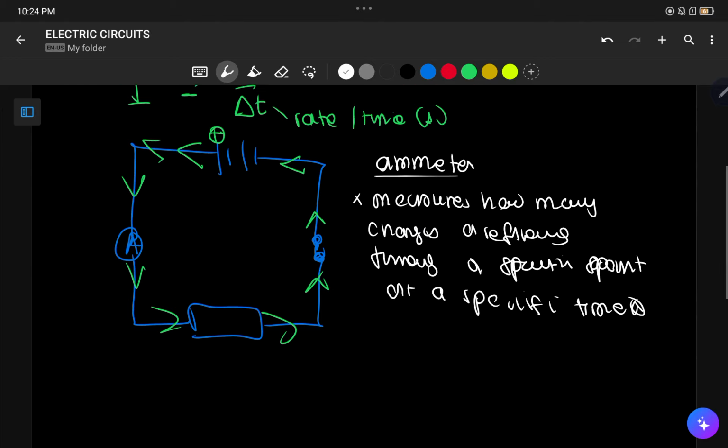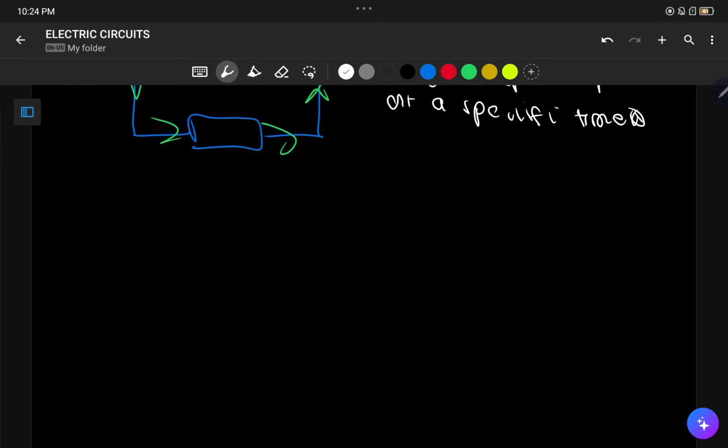Simple. And then I made an illustration in terms of resistors. I said that a resistor can be anything that uses electricity. It can be a fridge, a heater, or whatsoever that uses electricity. And I said that the definition of a resistor is something that resists the flow of charge.